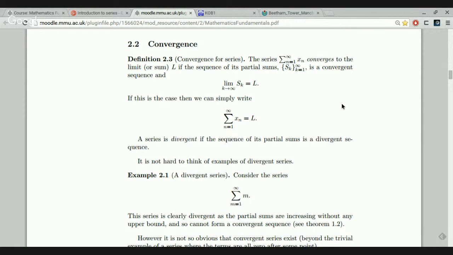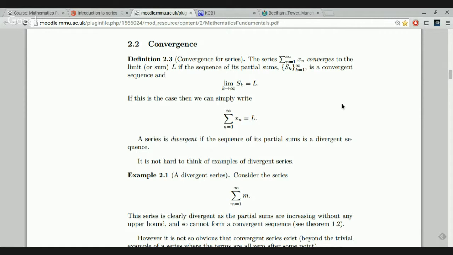Okay, so we have an infinite sequence called the sequence of partial sums of the series. And we know what it means for an infinite sequence to converge.